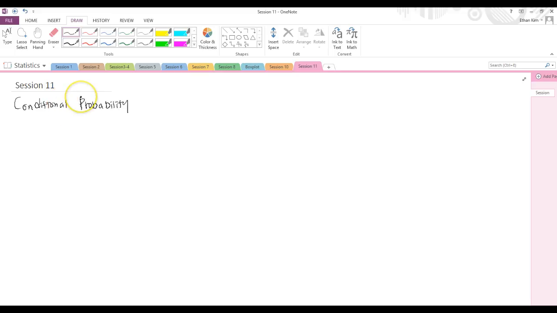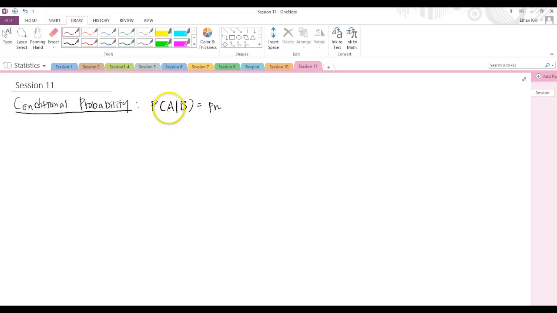Okay, so conditional probability, as the title suggests, is probability conditioned upon something else. In notation we write it down as the conditional probability of A given B, right?